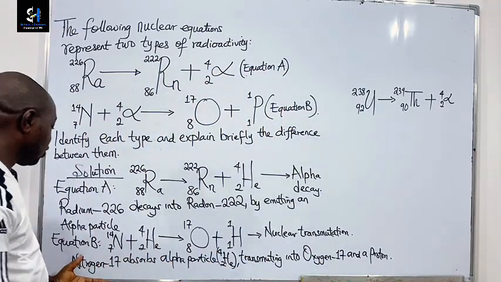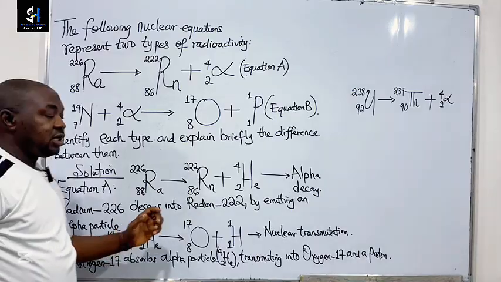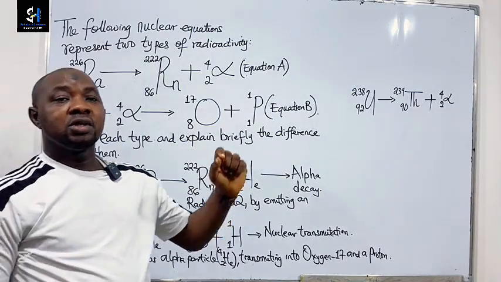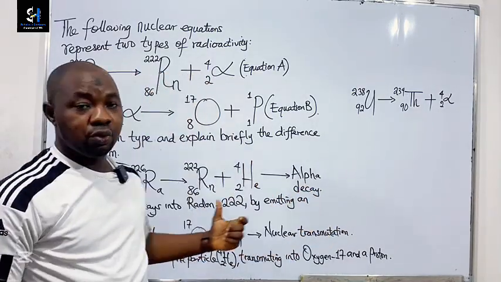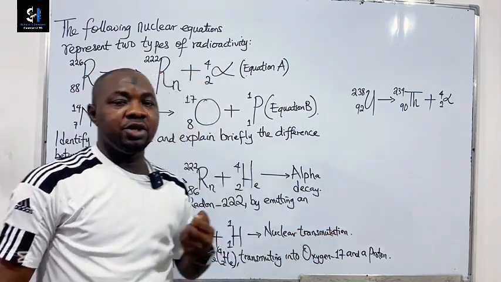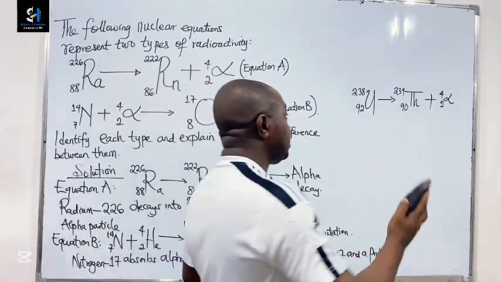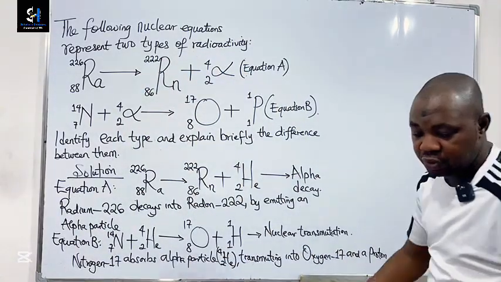The first is a spontaneous radioactive decay process where an alpha particle is emitted from the nucleus. Now let's talk about the difference between alpha decay and nuclear transmutation.